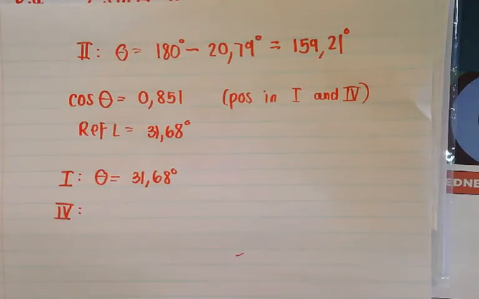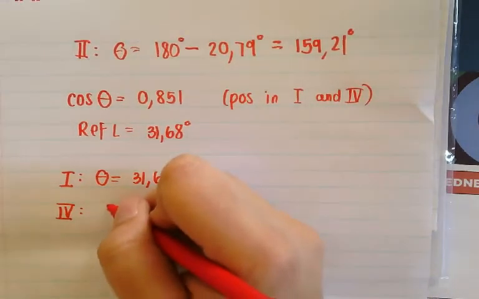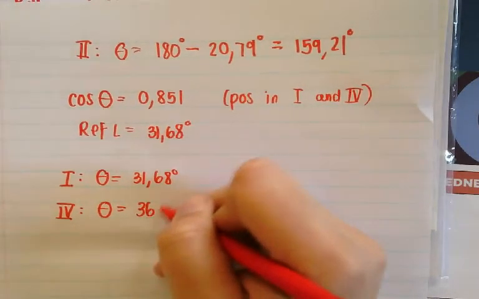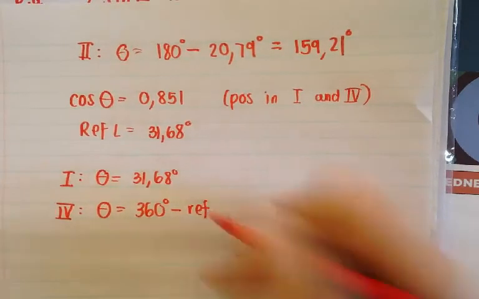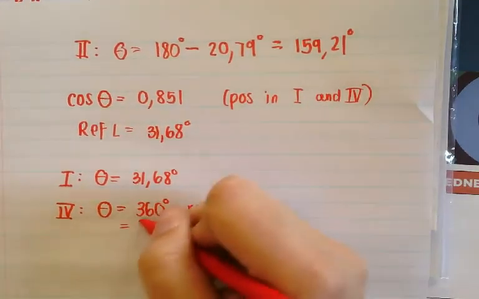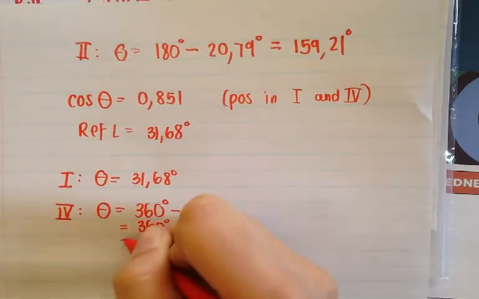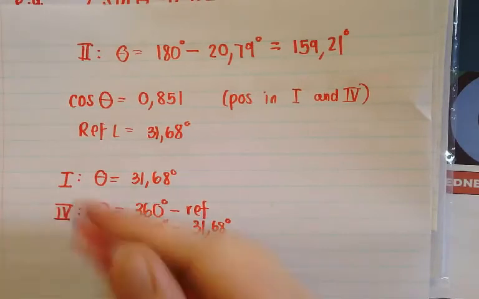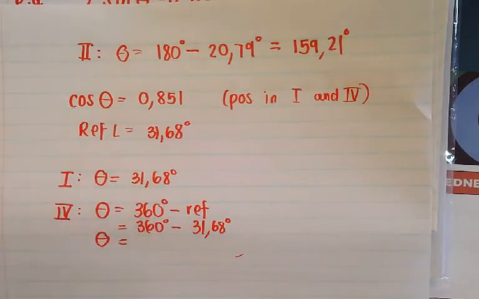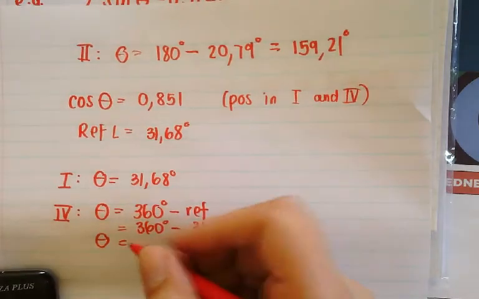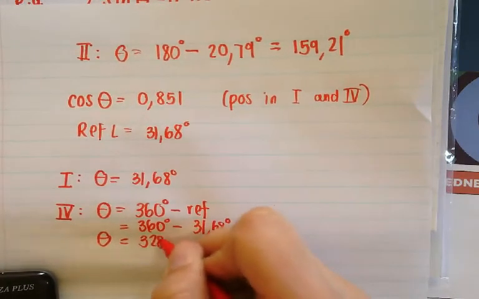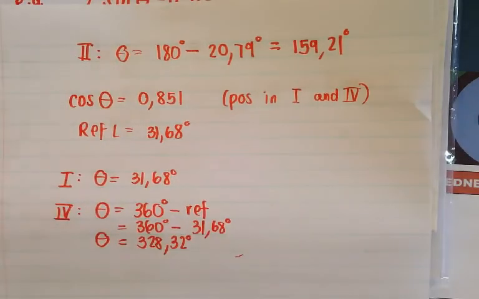Quadrant 4 would be what? 360 minus my reference, 360 minus 31,68 degrees. Checking on my calculator, theta is now equal to 328,32 degrees.